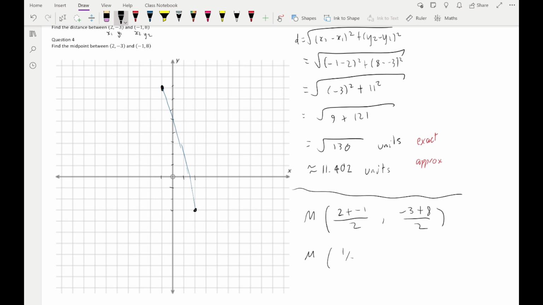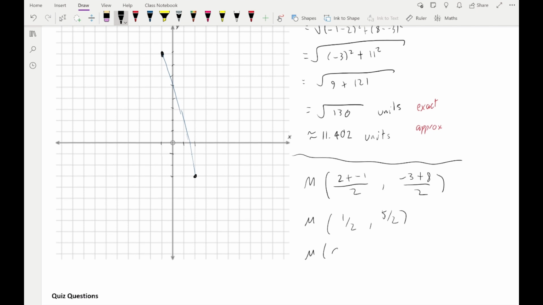So this becomes 1 over 2, and this becomes 5 over 2. So this becomes (0.5, 2.5), yep. Let's see that in action. The midpoint's going to be about there, (0.5, 2.5), which makes sense based on the line that we've drawn. Brilliant.